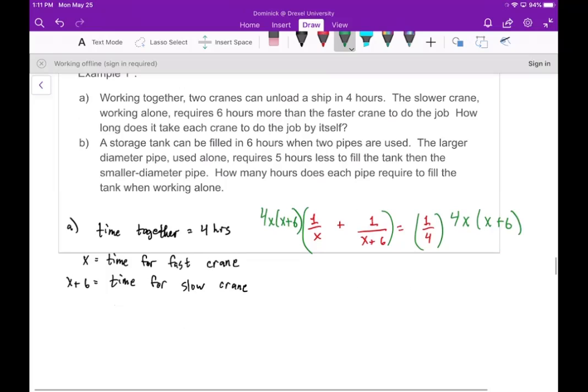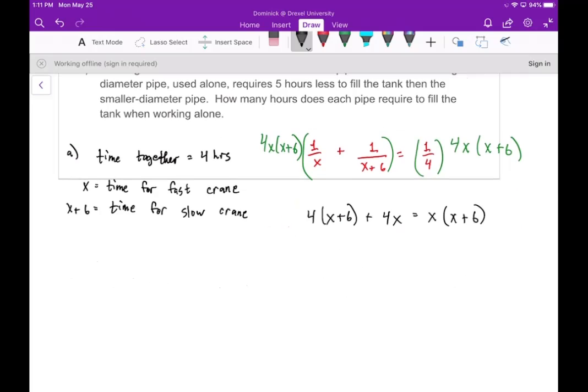So in the first term on the left, my X's will cancel, and I'll be left with 4 times X plus 6, plus 4 times X because the X plus 6's will cancel. And then on the right, the 4's cancel, and I'm left with X times X plus 6.